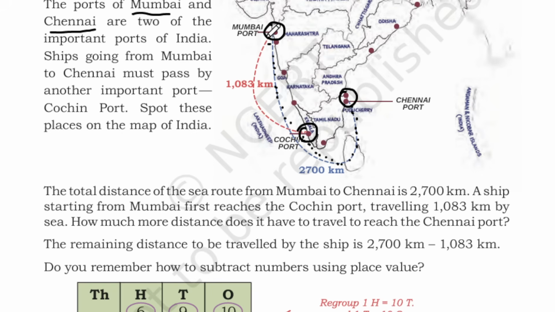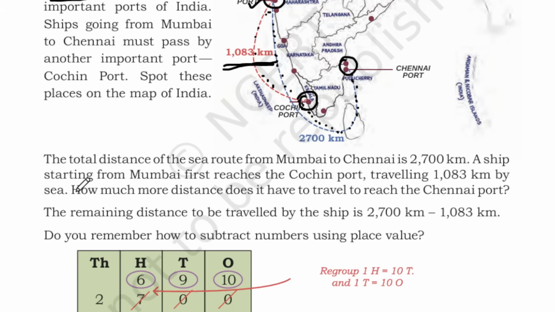The ship is starting from Mumbai. First it is reaching Cochin. Traveling how many kilometers? 1,083 kilometers. So here it is given. So the distance between Mumbai and Cochin is 1,083 kilometers. By sea, how much more distance does it has to travel to reach the Chennai port?